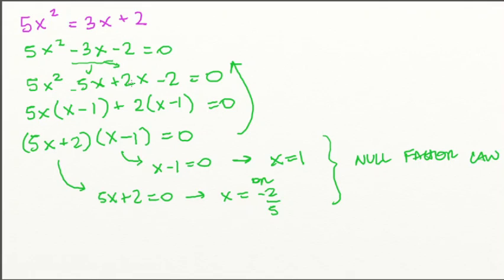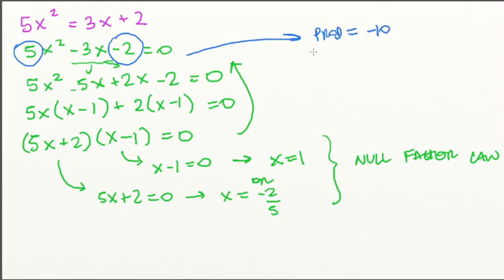Now, one detail here is that before you split the middle term, if you're unsure what numbers to put there, you could investigate that by using product and sum. So if I take the number which is with my x squared and the number which is not multiplying any x, if I multiply them, I'll get the product which I'm looking for.